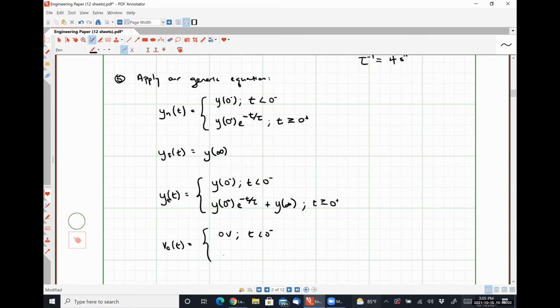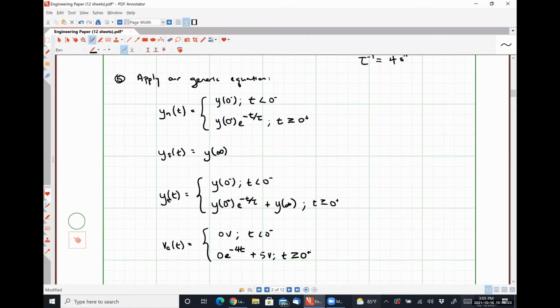What was y at 0 plus? So we'll have 0 e to the minus 4t plus what happened at y is equal to infinity? 5 volts. T greater than or equal to 0 plus.